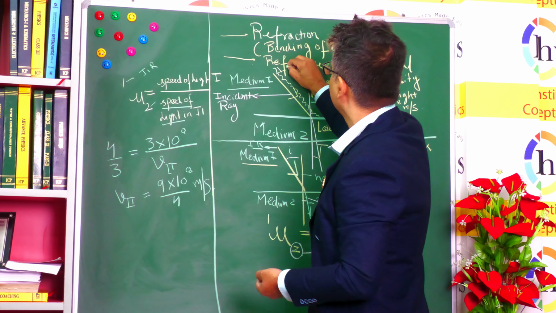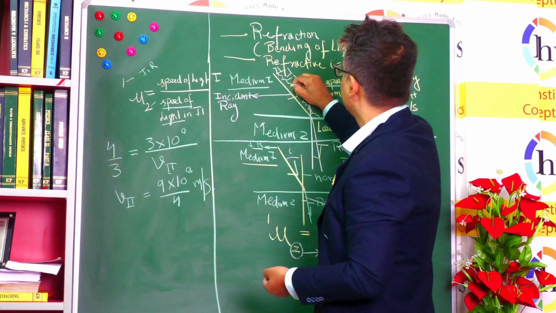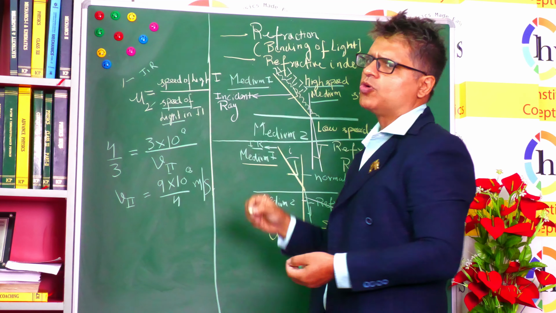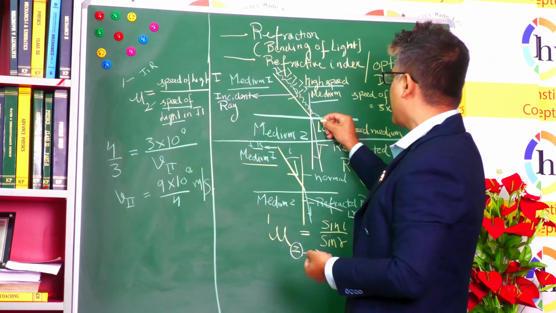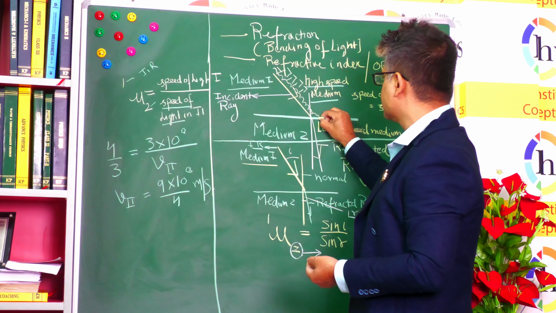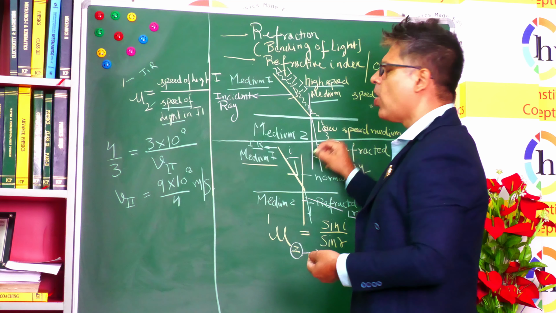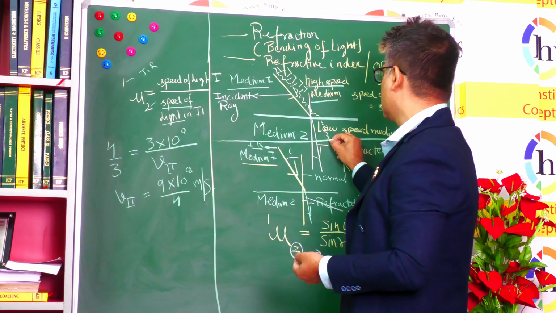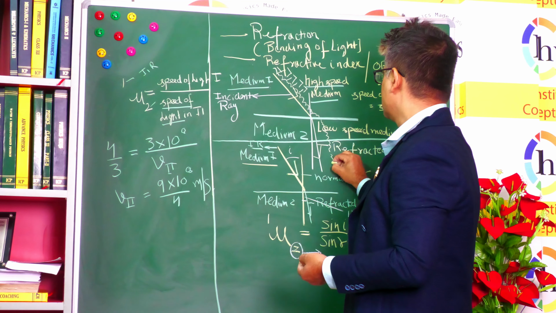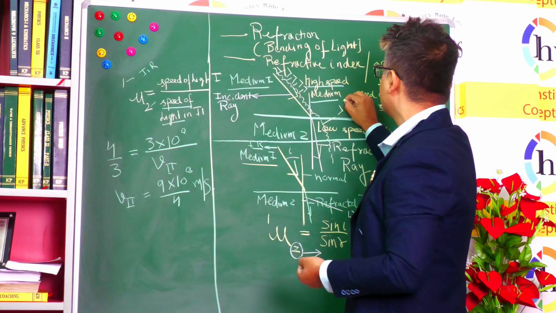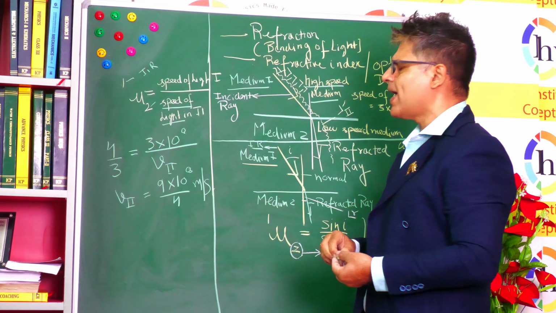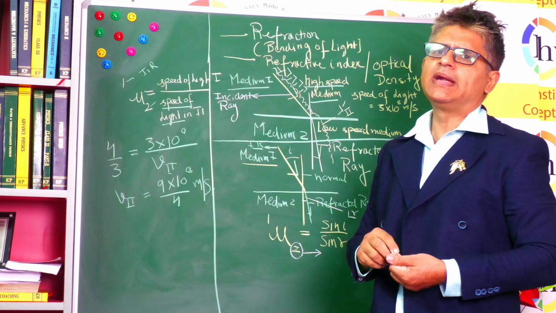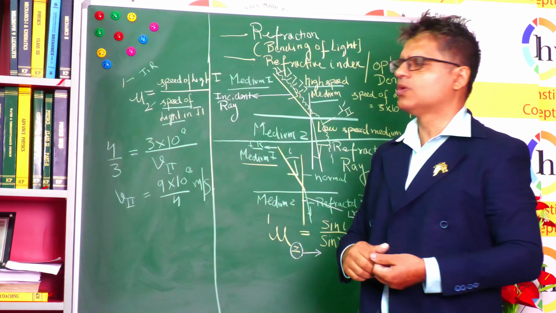The wavelength of the light here is lambda, maybe it's a monochromatic source of light. What you will find is when it enters the other medium and it is bending, the wavelength in an optically dense medium goes down. So this is your lambda dash, which is the wavelength in medium 2.